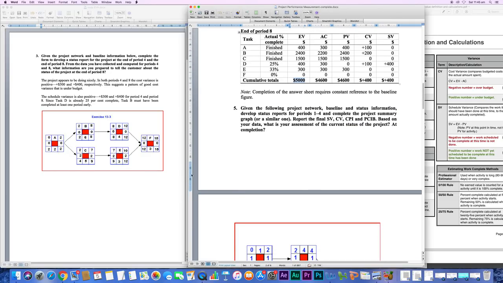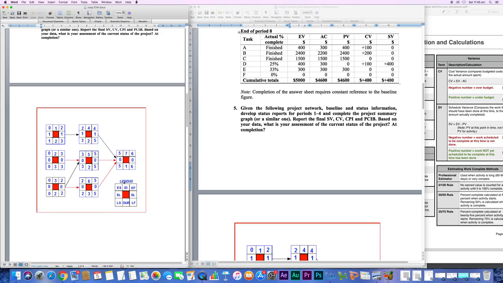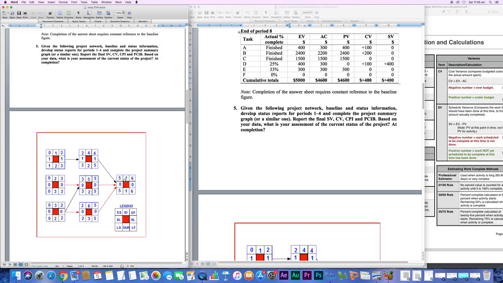Let's compute another problem. That's problem number 5 in your textbook. We'll just refer to a baseline and we'll refer to a network. So given the following project network, baseline and status information.